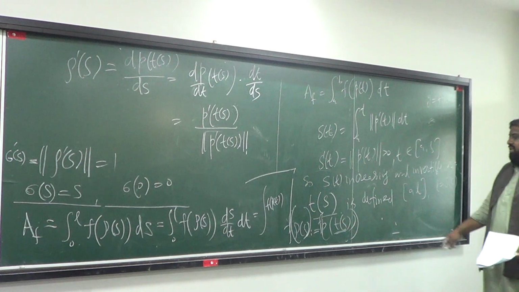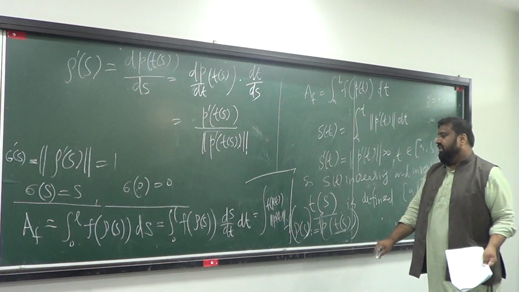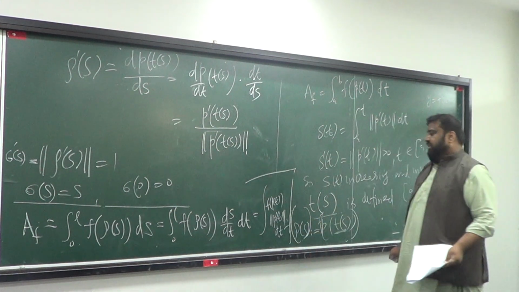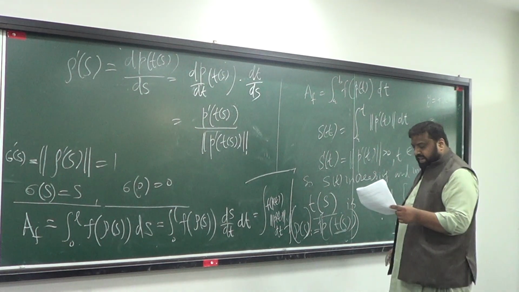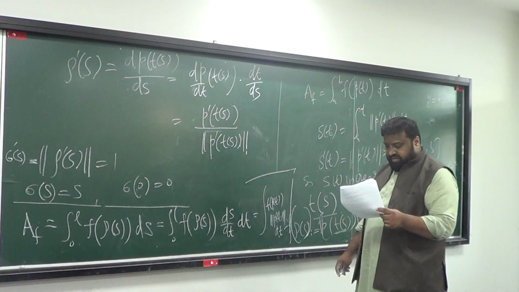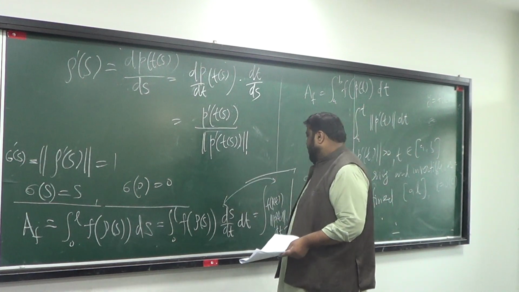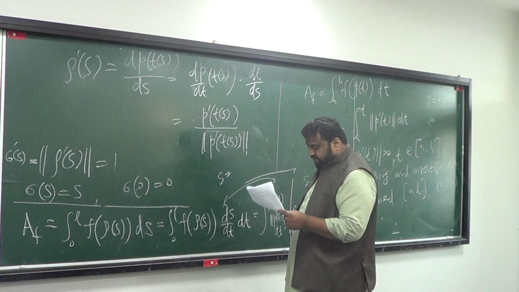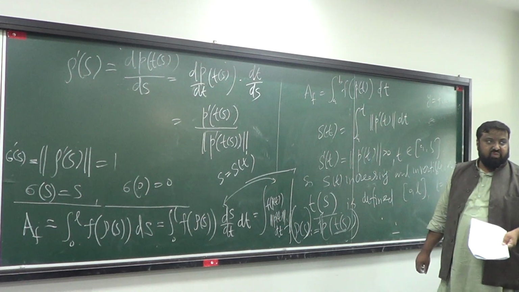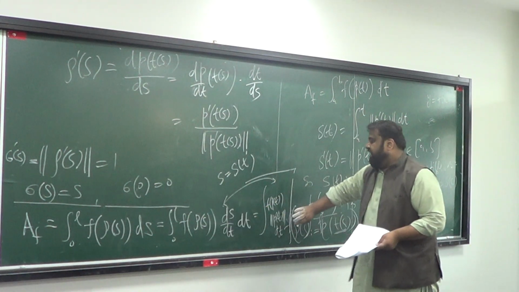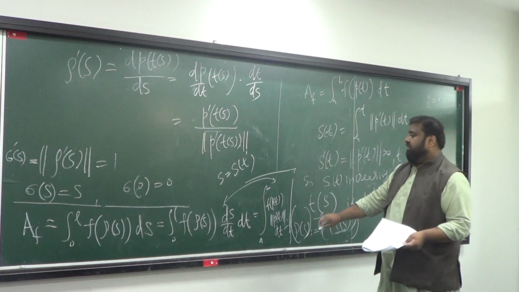It is the magnitude of p prime of t, times dt. I'm writing in a very rough way. And you can make a substitution here: to go from here to here, I'm making a substitution s equal to s of t. That will turn this integral into this integral. So not only will these change, but this limit would also change. So this will become a to b.